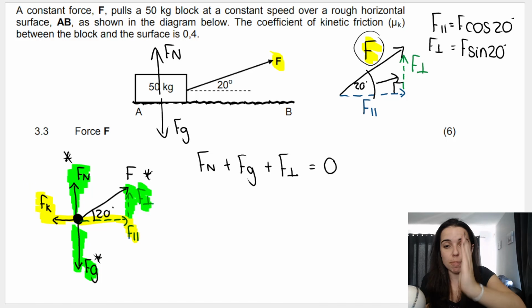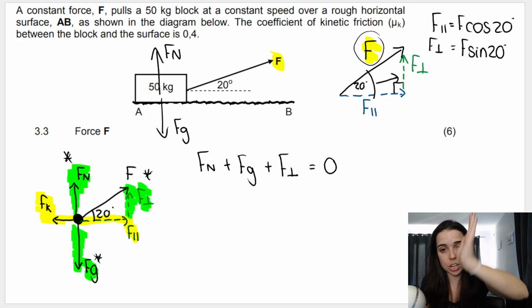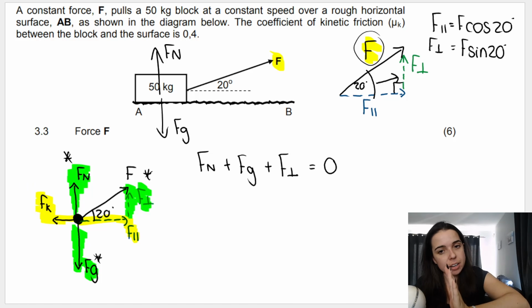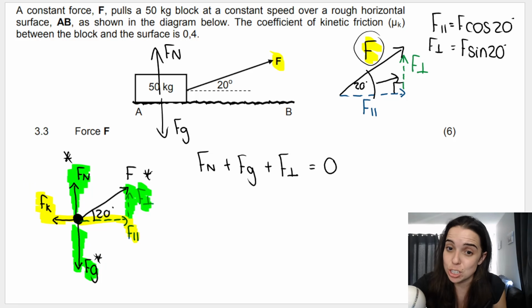If I consider the box in the perpendicular direction, remember Fn is going in this direction, Fg is going in this direction, and F perpendicular is going in this direction, all along, kind of like the y-axis, the perpendicular plane. The box is not moving in that plane. So the net force in this direction is 0.